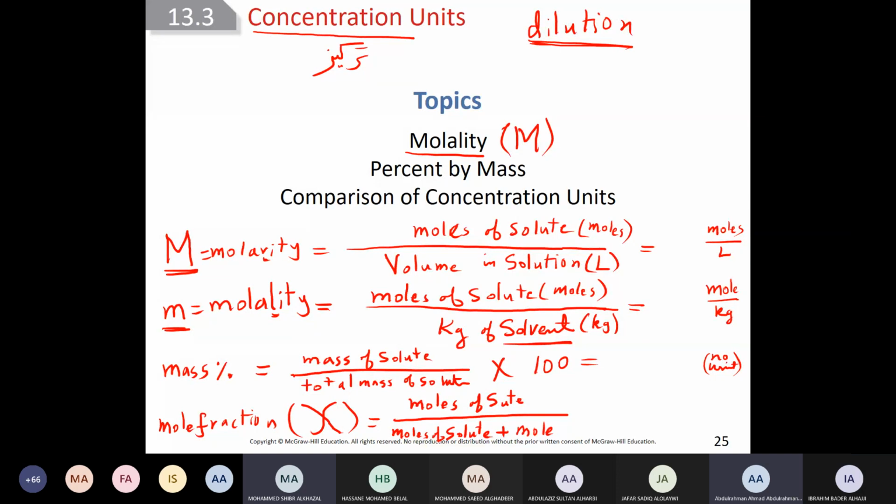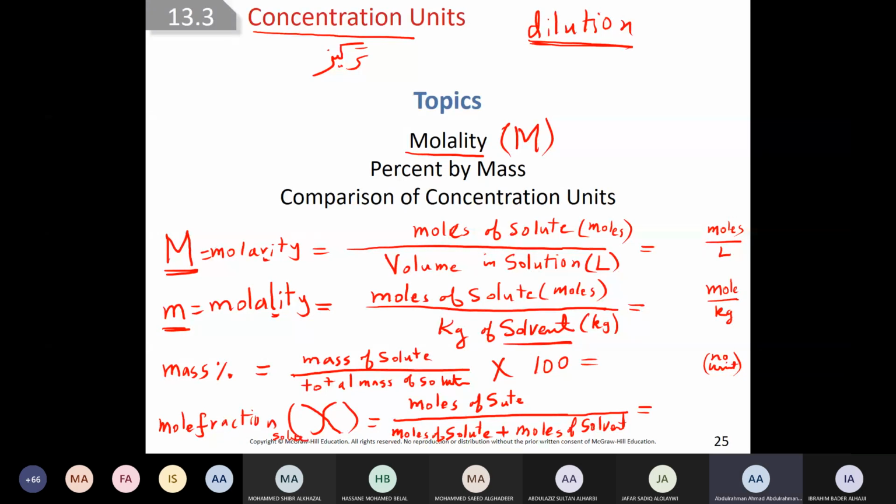Moles of solvent. That's it. And what's the unit again? Unitless also. And this is the mole fraction of solute.